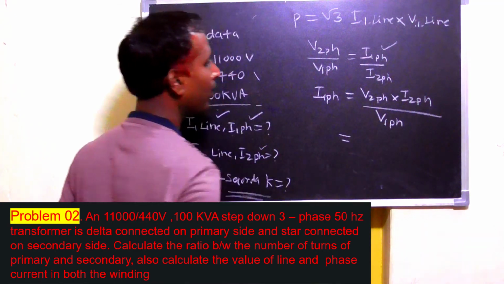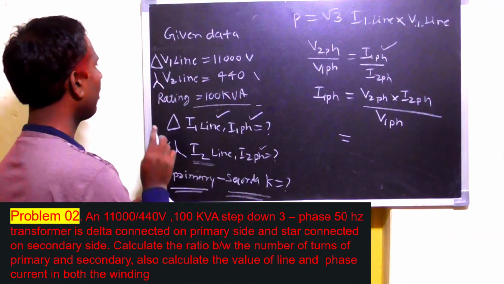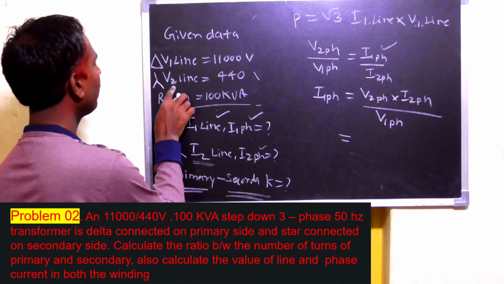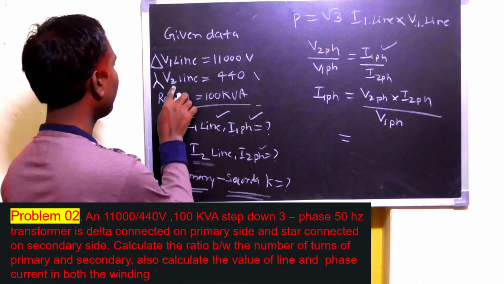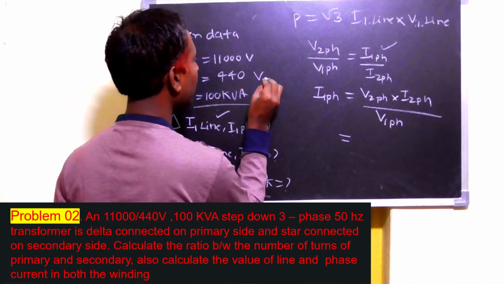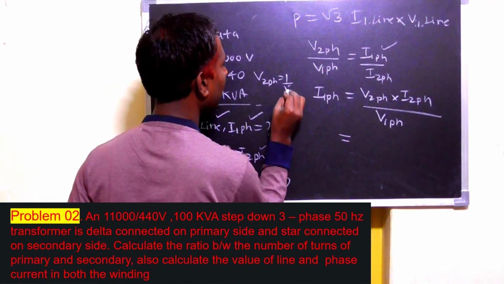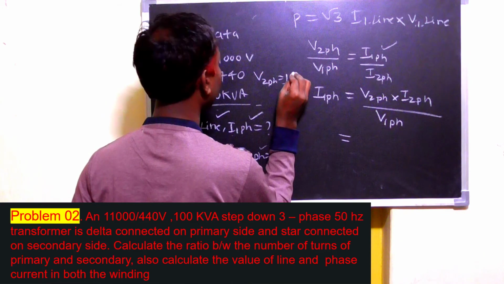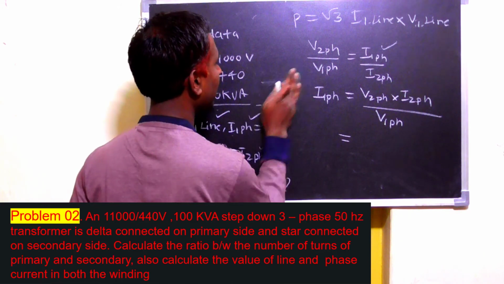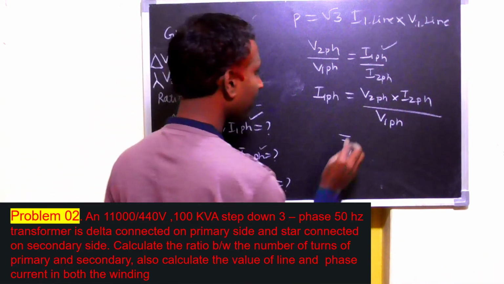We know V2 phase voltage, how much? V2 phase voltage equals 1 by root 3 into 440. This is the formula.